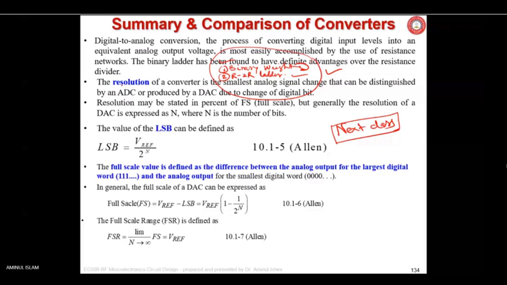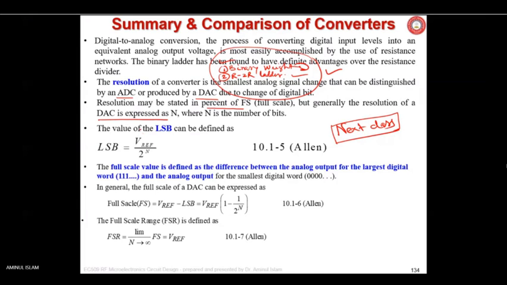Anyway, the resolution of a converter is the smallest analog signal change that can be distinguished by an ADC or produced by a DAC due to a change of a digital bit. Resolution may be stated as a percentage of full scale, but generally the resolution of a DAC is expressed as n, where n is the number of bits.